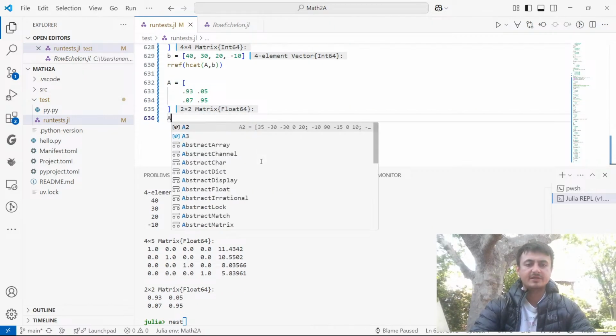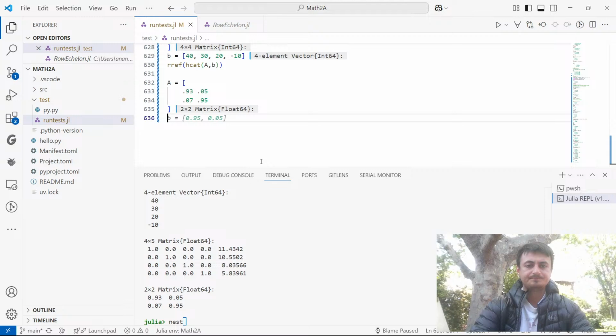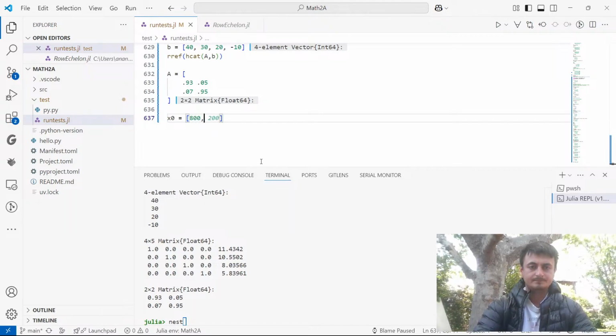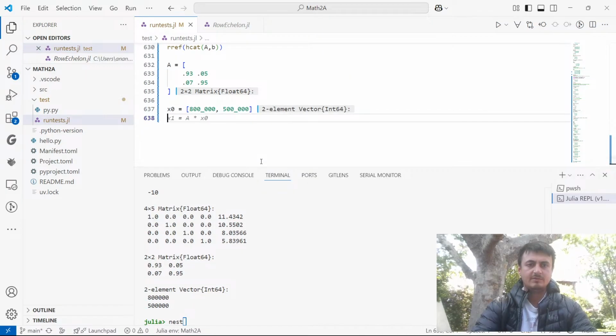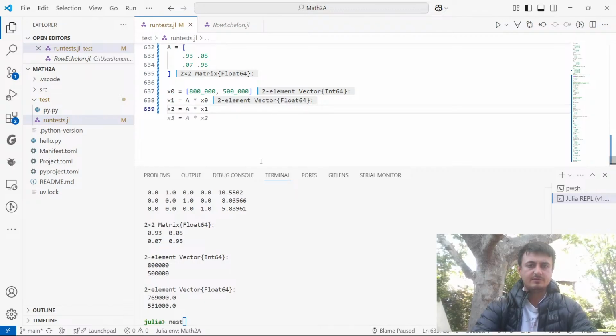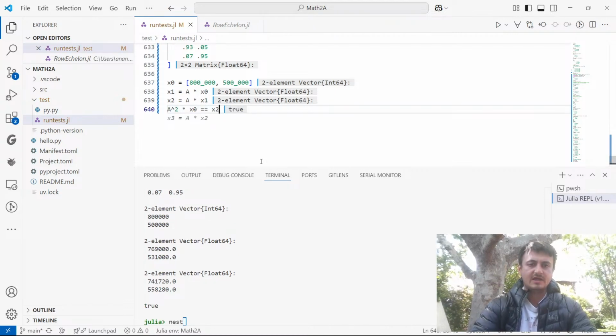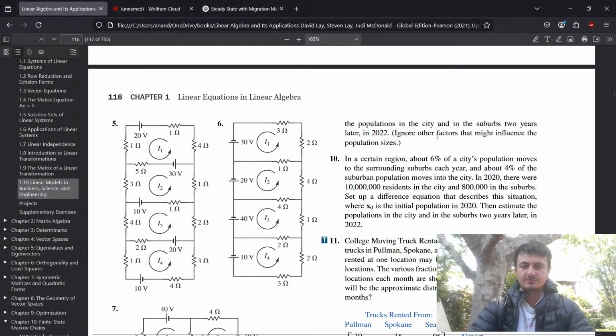I'm pretty sure, okay, x1 is equal, yeah, and then let's do that. I'm pretty sure that's the same as saying A squared times x. Yeah, so that's what I thought. So there we go. So we did that.